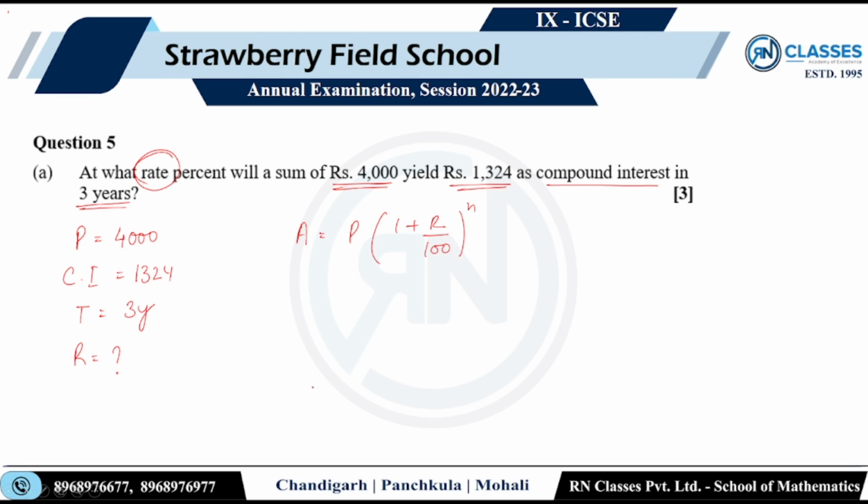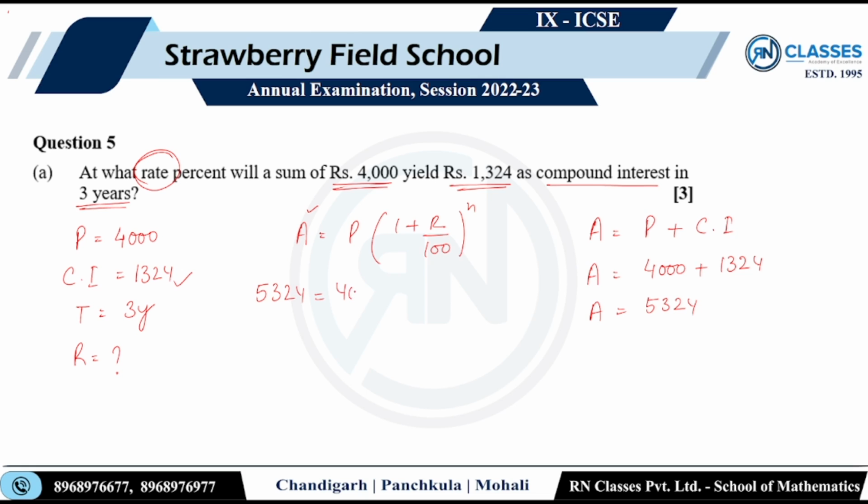अब मेरे को तो कंपाउंड इंटरेस्ट दिया हुआ, मेरे को तो अमाउंट दिया ही नहीं हुआ. Again we know amount is equal to principal plus compound interest. I can find amount easily. Principal is 4000 plus 1324 which is compound interest. So amount would be 5324. Amount आ चुका है. Let's put in 5324.